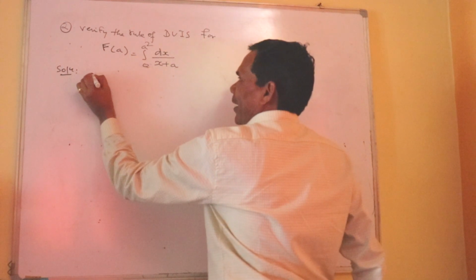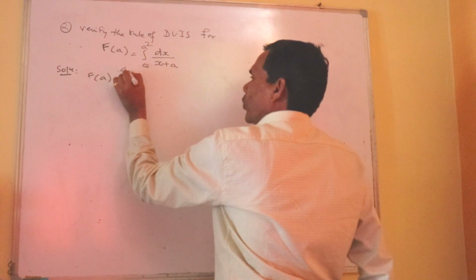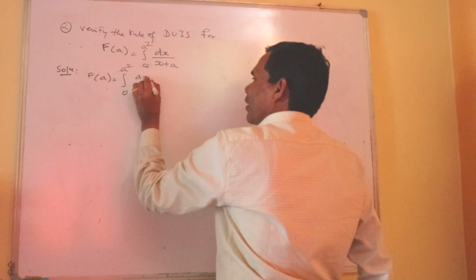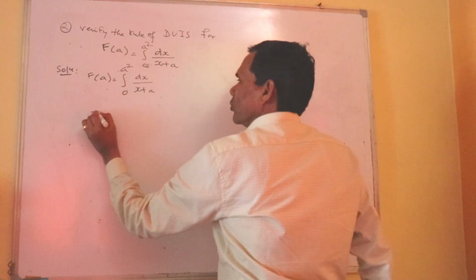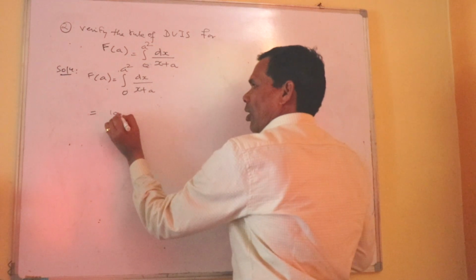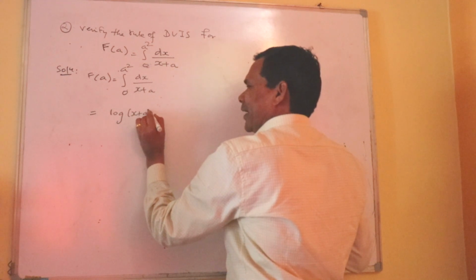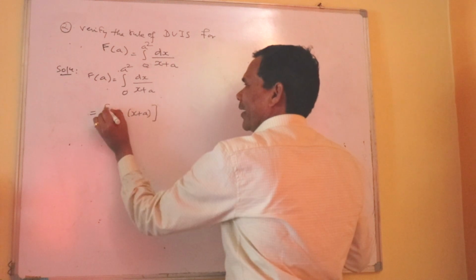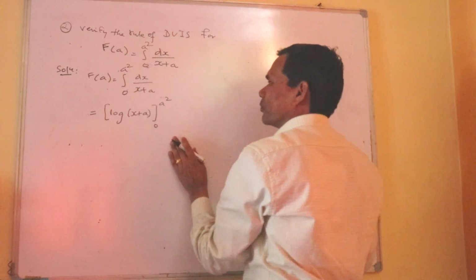So f of a is given as the integral from 0 to a square of dx upon x plus a. We find it by actual integration. So this is equal to the integration of this, it is log of x plus a, that is ln of x plus a, natural log, from 0 to a square.